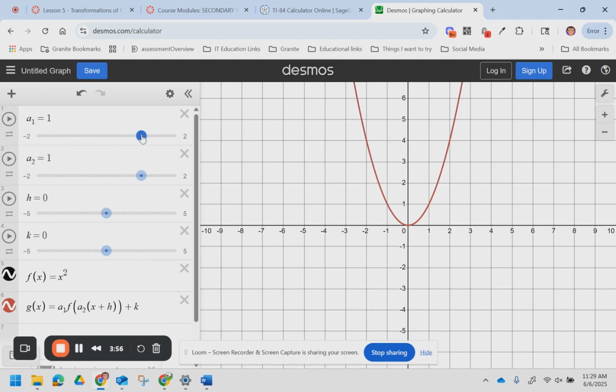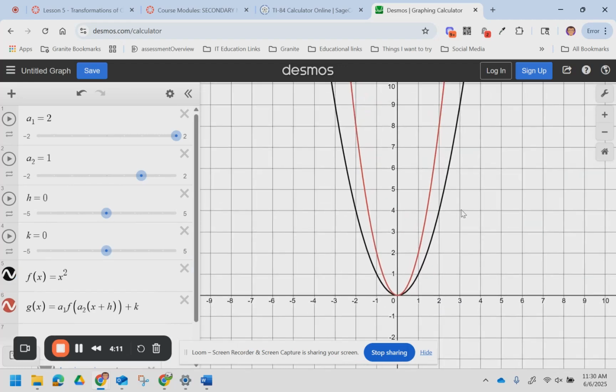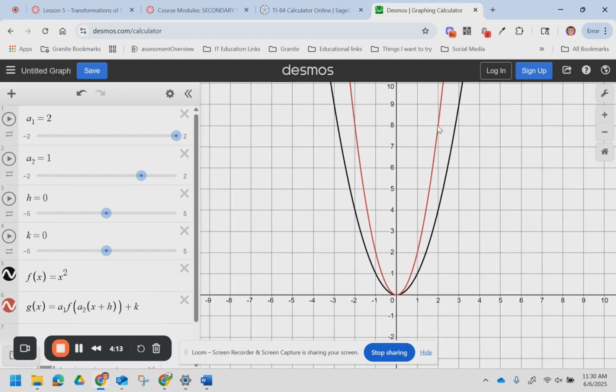All right, now let's go ahead and multiply it by 2. All right, so something to notice. At 1, this one was at 1, but this one is at 2. At 2, this one was at 4, and the transformation is up at 8. Everything is twice as high. It got vertically stretched by a factor of 2.